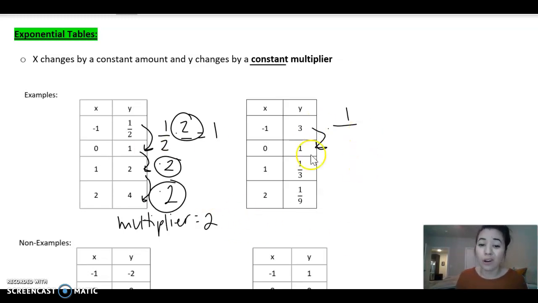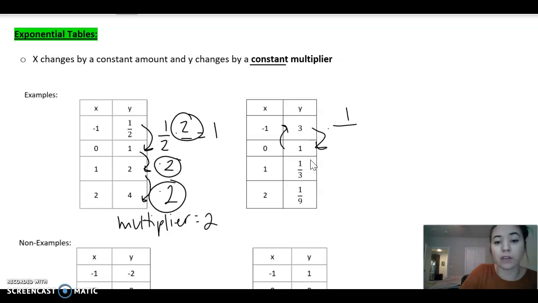And then to figure out what goes in that denominator, just try going backwards, because trying to think of what fraction you multiply 3 by to get 1 can be pretty tricky. So step 1, if you notice your y is getting smaller, know that your multiplier is a fraction. So put a 1, and then to find the denominator, just check backwards.